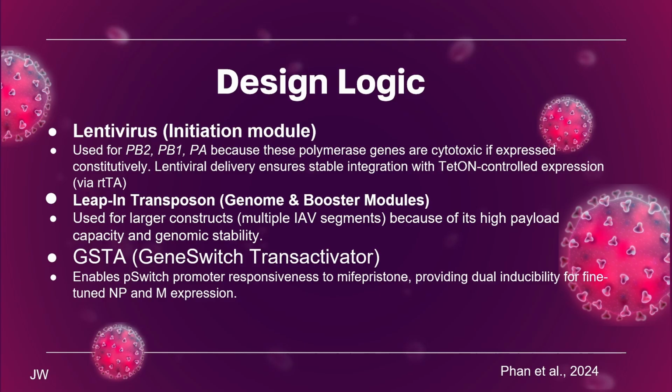Because these genes are cytotoxic when expressed continuously, they're controlled by the TET-on promoter, activated by doxycycline through the RTA transactivator. The LEAP-IN transposon system was used for both the genome and booster modules because it can stably integrate much larger DNA fragments than lentivirus, ideal for multi-gene influenza segments that must remain intact and heritable.